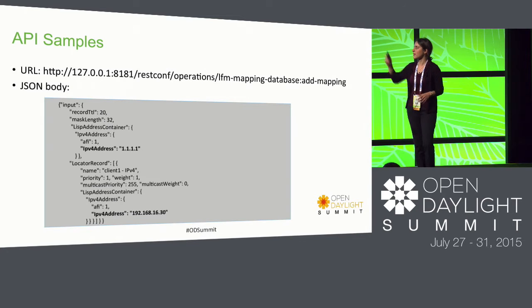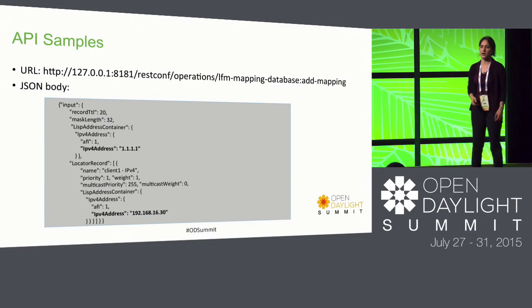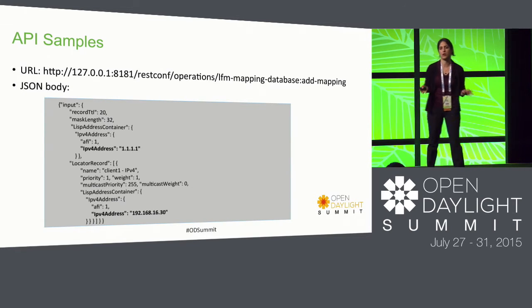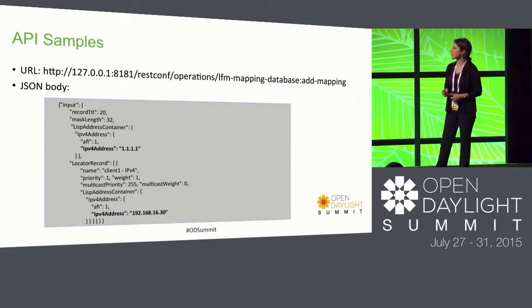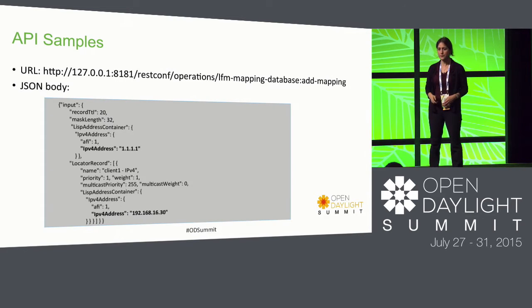And then there are parameters like priority and weight and so on that are all embedded within Lisp, which is what is used for multi-homing and load balancing policies. But at the end, what you're saying is that that's my virtual address, and it's mapped to this physical address. And then the routers will look up the virtual address, and they will get the physical address to encapsulate to.